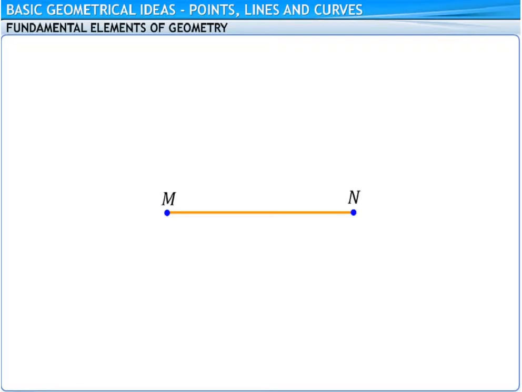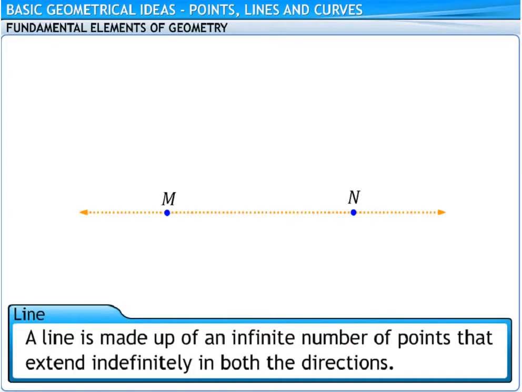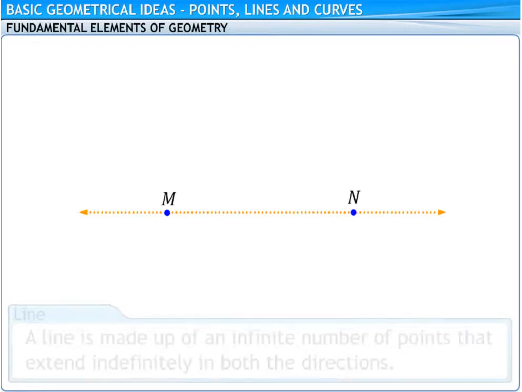Now, let's extend line segment MN indefinitely in opposite directions beyond the endpoints M and N. What we now have is called a line. A line is made up of an infinite number of points that extend indefinitely in both the directions.